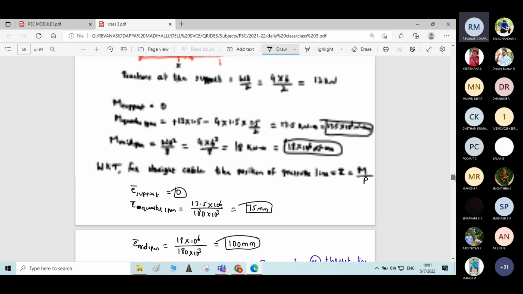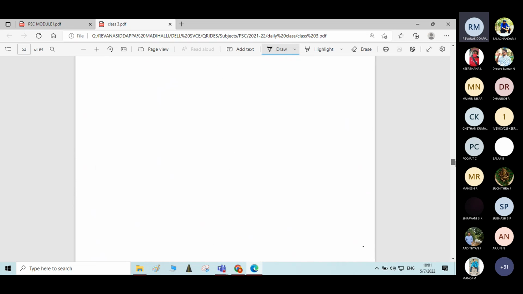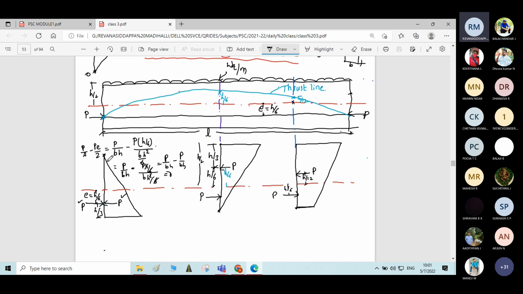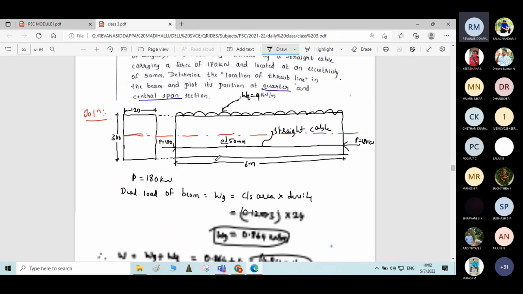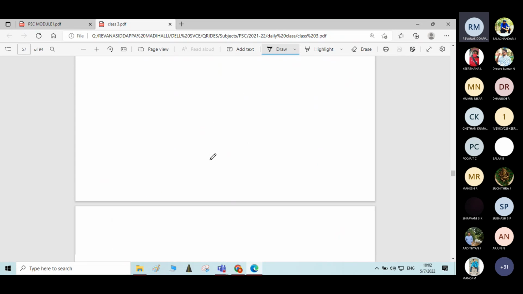We have to use this principle: find the stress distribution at the support and look at its centroid, then at the midspan and its centroid, then at the quarter span and its centroid. Joining all the centroids of the stress distribution diagrams will give the thrust line. This is the procedure we have to follow for this problem.